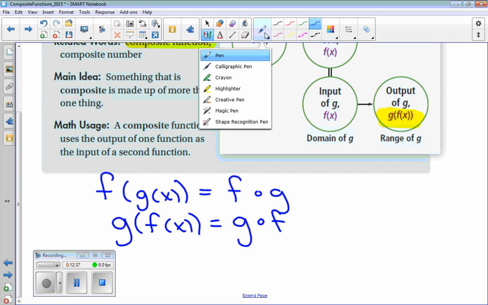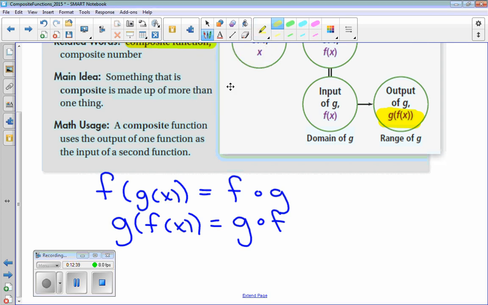Notice what happens. What goes inside the function is what goes on the second term. Okay, that's the notation there that we should be aware of.